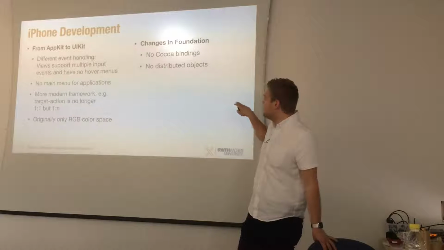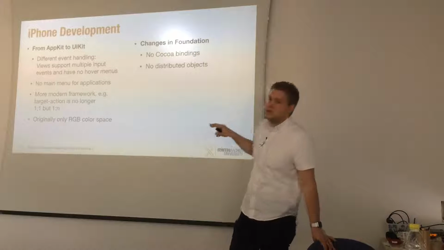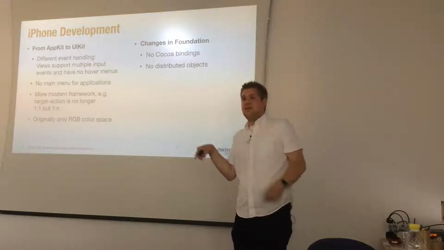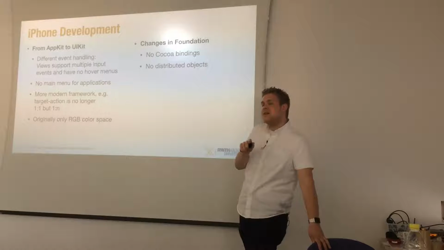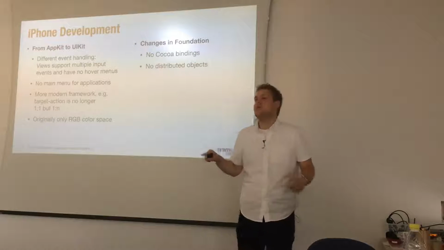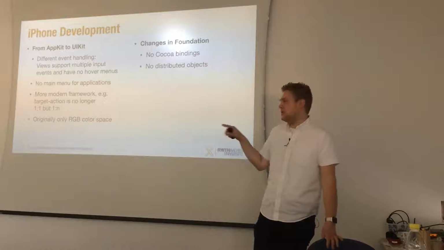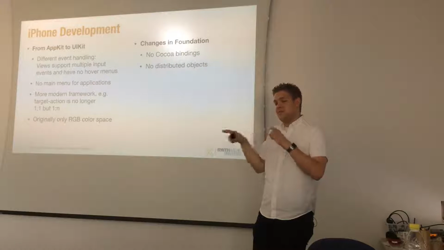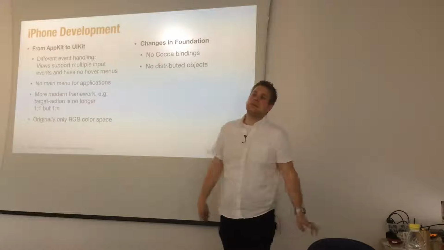So as a reminder, distributed objects on the Mac sort of allow you to split up your application across multiple devices on one network, and then your code base can call objects that are living on some other computer without writing network code, because the objects can communicate or exchange methods across the network.